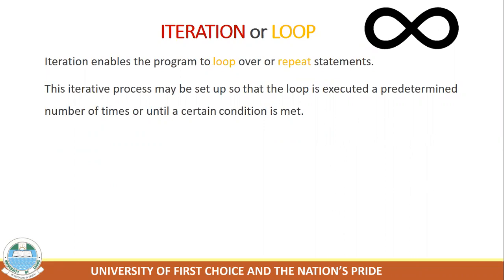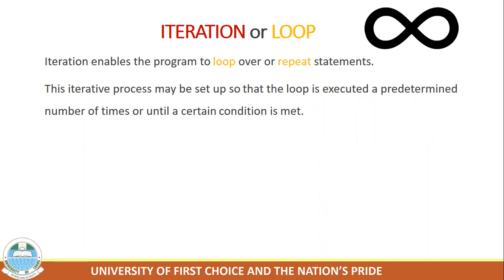An iteration enables the program to loop over or repeat statements. Sometimes you want your program to execute a statement repeatedly, maybe until you are tired or you are done with the program. You just want it to keep looping or to repeat a statement or a process.